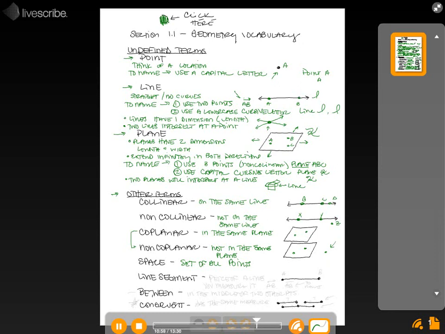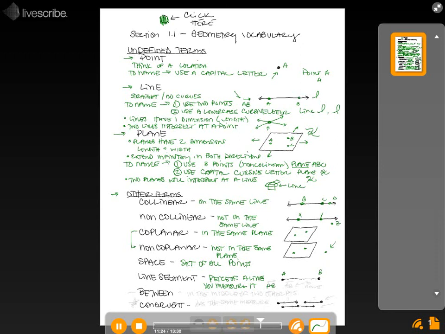A line segment is a piece of a line. Okay, and you can measure it. This is where that idea of length comes in. I can take a ruler to a line segment and specifically tell you how long it is. Now, a line segment is very similar to a line. The difference is in how we name it.